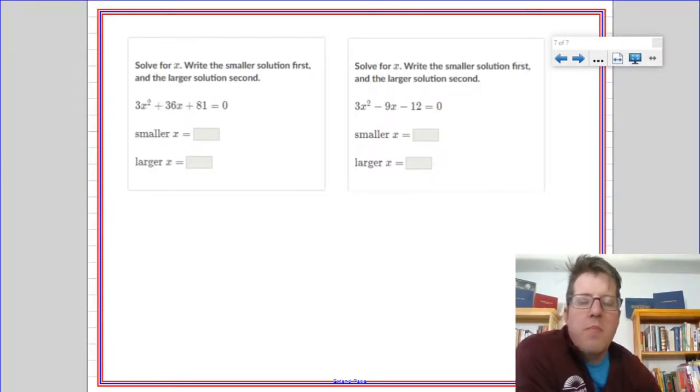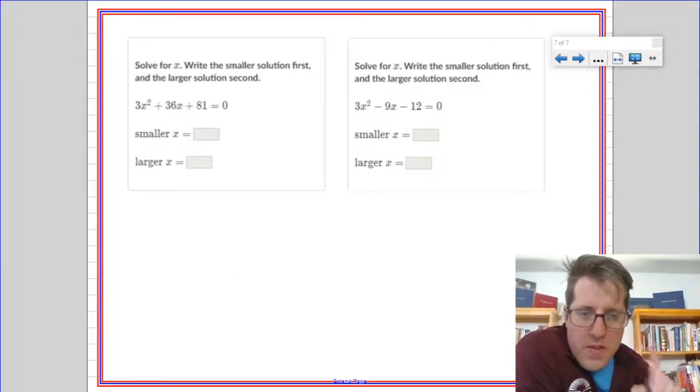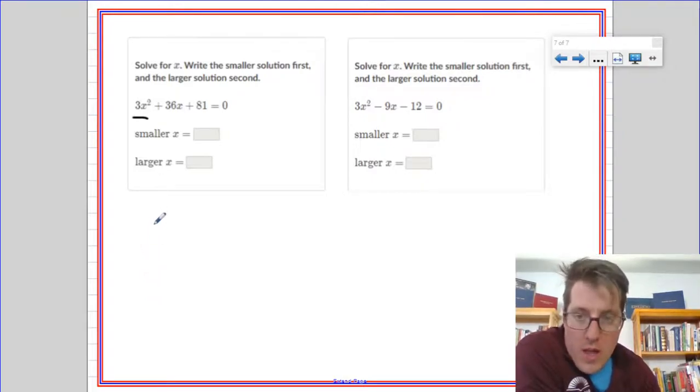So your Khan Academy is going to have problems that are one step more challenging because we already did the regular factoring. So now we notice that this starts with 3x squared. Well, what do I do to that? Well, I'm going to factor out a greatest common factor.